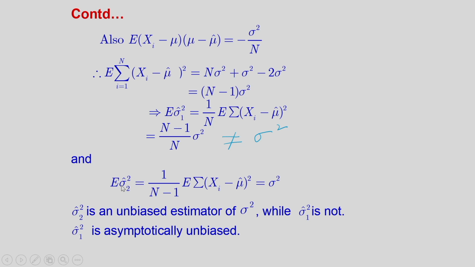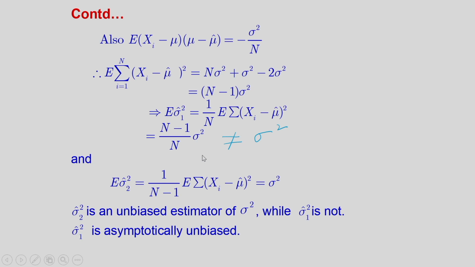But if we consider sigma 2 hat square, that is equal to 1 by (n minus 1) into summation of (xi minus mu hat) whole square, its expectation is equal to sigma square. Therefore sigma 2 hat square will be an unbiased estimator of sigma square, while sigma 1 hat square is not.